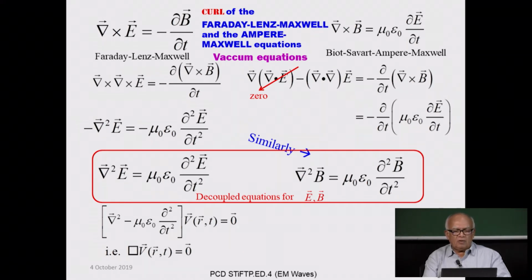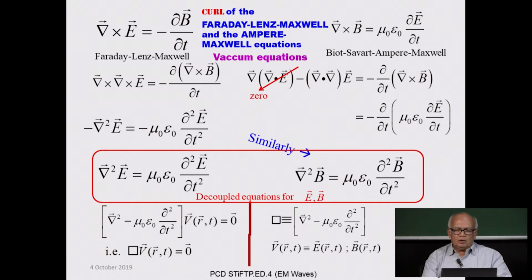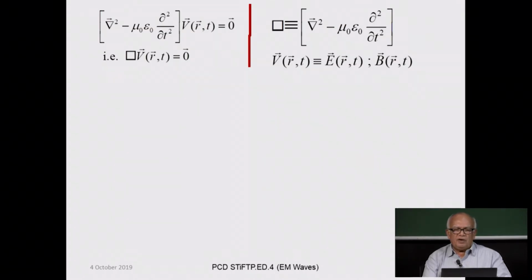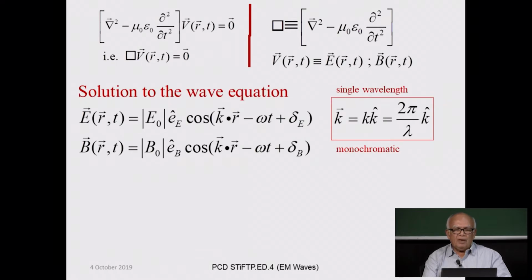The operator in the box is what is often called the box operator, or the D'Alembert operator, and it operates on the vector field V, which is a function of space r and t, and this vector field V in the two cases of interest to us are respectively the electric field E and the magnetic induction field B.